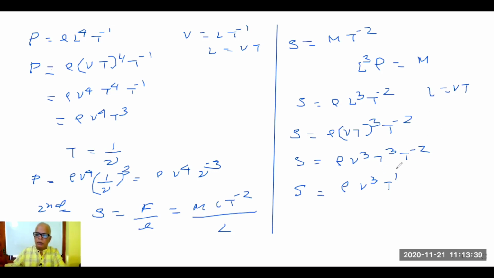Now, T is equal to 1 by nu. You put it here. So, what will you get? S is equal to rho V cube 1 by nu. That is rho V cube nu raised to minus 1, which is the required dimension. Okay.